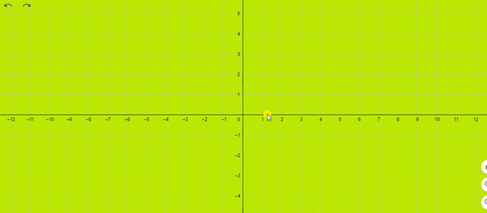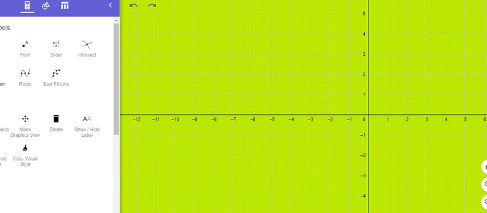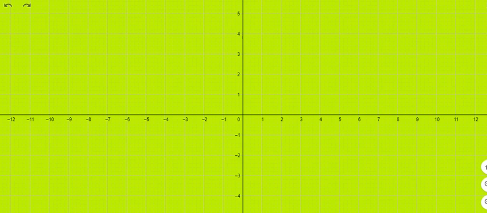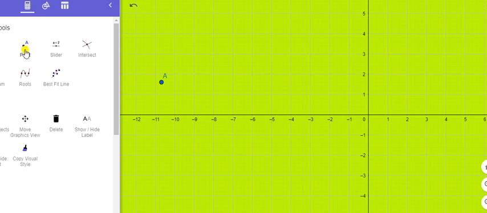If I want to, for example, find the coordinates of a point somewhere here, let me explore this point.